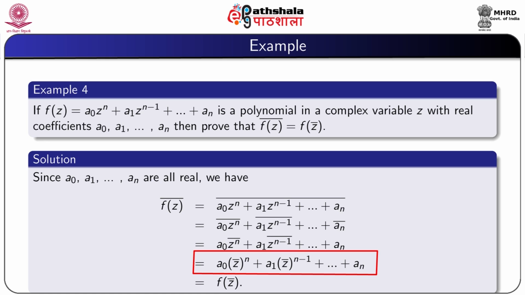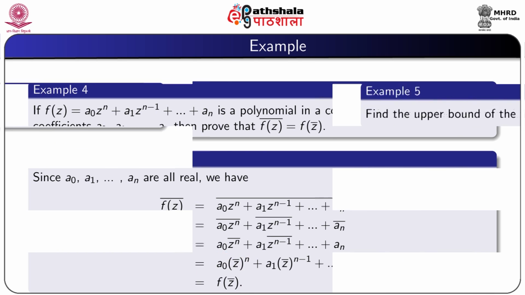So this we can write as a0 (conjugate of z)^n plus a1 (conjugate of z)^(n-1) plus up to an, and that is equal to f of the conjugate of z.